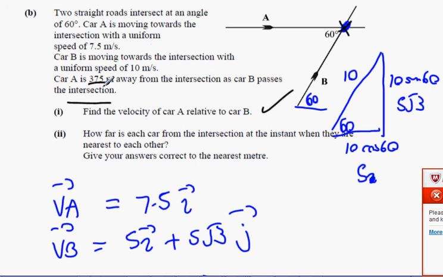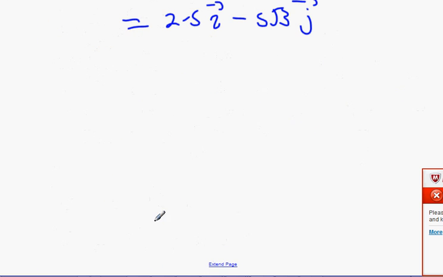Okay, so we're going to say 375 meters. It's 375 meters away. So, B is at the intersection, and A is 375 meters away. Upon saying that, what we're then going to do next is start putting in some angles.